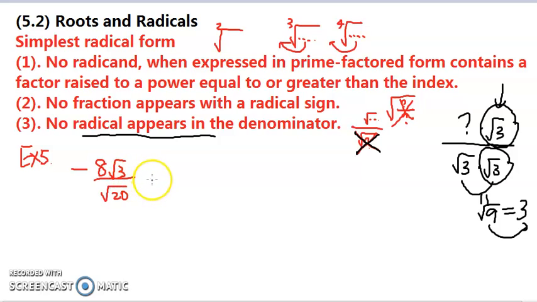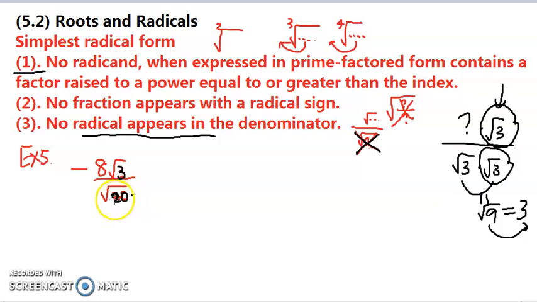But what I like to do first is whenever I see radical numbers, I check rule number 1 to make sure the number does not contain 2 copies of anything. For example, 3 under the square root, 3 is a single copy. We cannot factor it as 2 copies of anything. But 20 has 2 copies of 2 because 20 is 4 times 5.